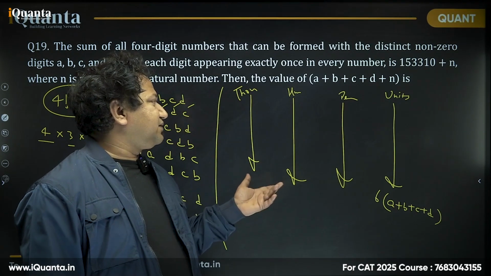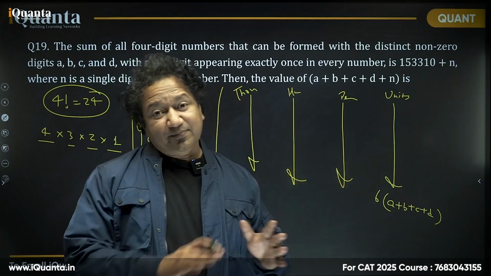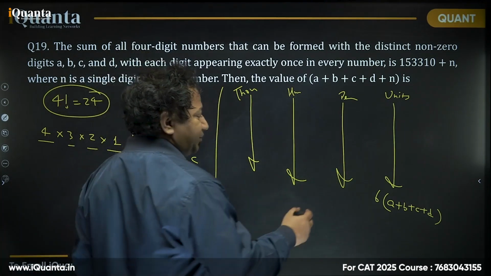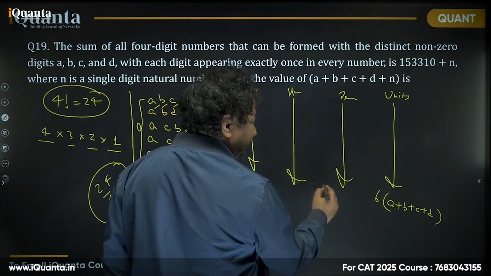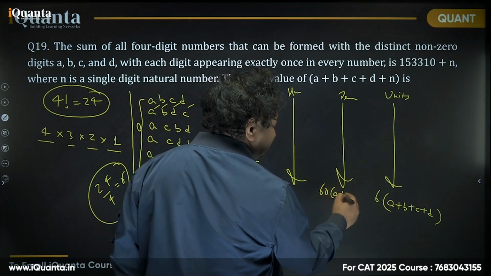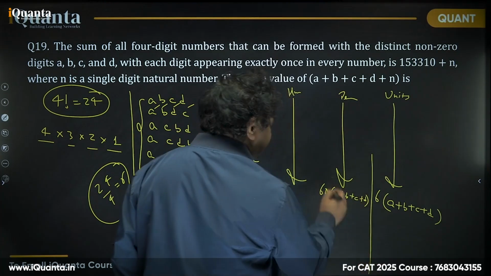Then what's the difference? If I write all these numbers in expanded form, the tens position will be 10 times this. That will be 60 times A plus B plus C plus D. That needs to be kept in mind.